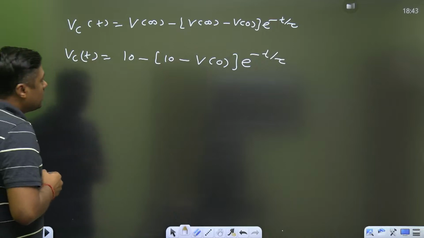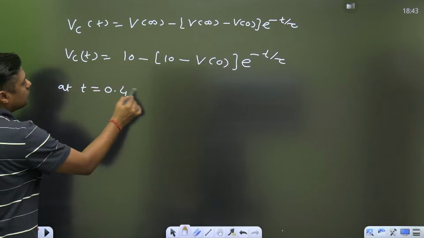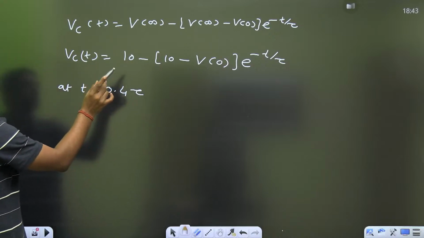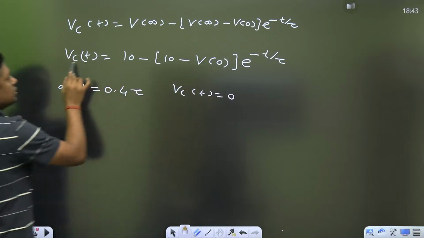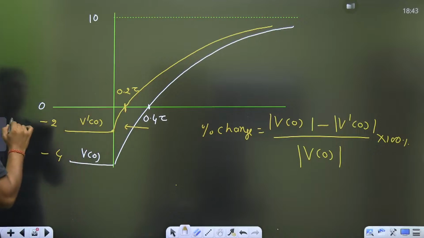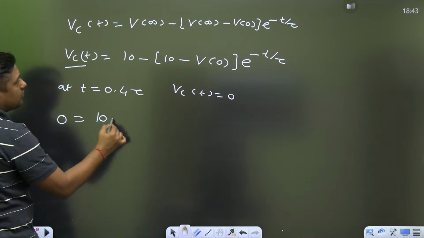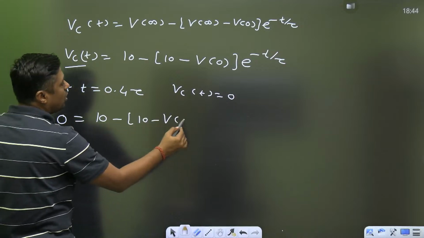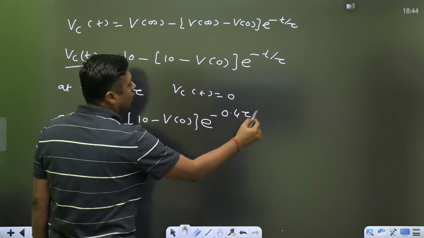Now, exactly at t equal to 0.4 tau, in the first case, I am talking about the first case, VC(t) will cross 0. So exactly at 0.4 tau, this will become 0. That is the equation to put here: 0 is equal to 10 minus V0 e raised to power minus 0.4 tau upon tau.